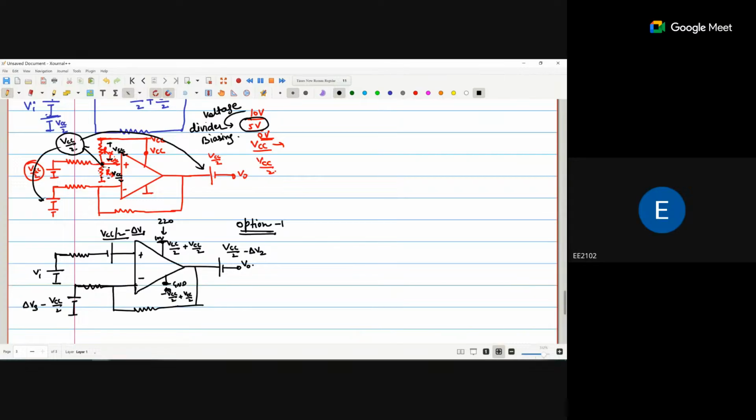After some time your batteries will be discharged, and the discharge level of all three batteries will be different. So here the voltage is reduced by del V1 from VCC by 2, and here it is del V3, that means this voltage will be different from this one, and these two voltages will be different from the output voltage. So you are not getting a correct output.